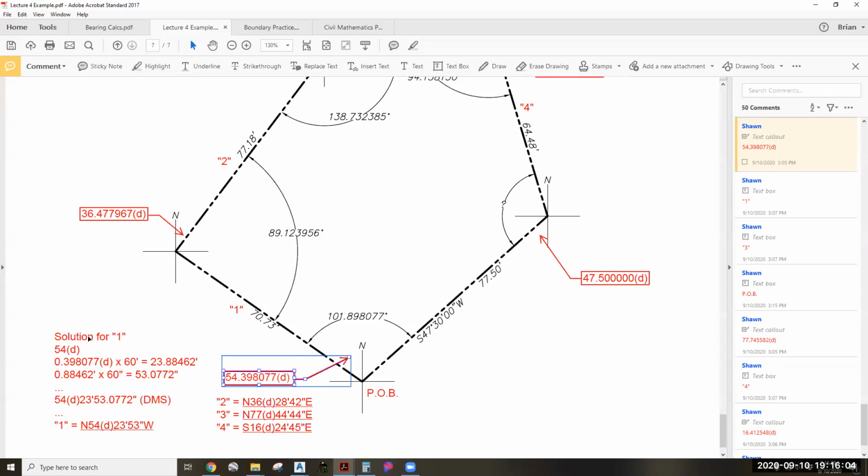So here I've shown you a solution for number 1. So again, we break it into pieces, 54 full degrees, and I have 0.398077 partial degrees. So I convert that into minutes, and I have a remaining decimal. So I convert those minutes into seconds, and I have a remaining decimal.